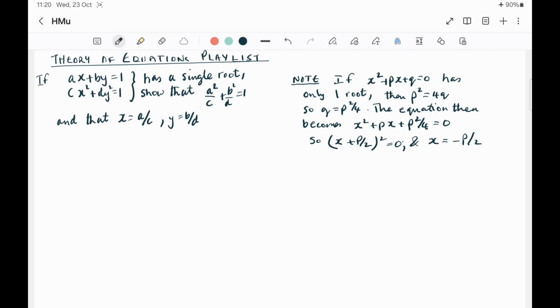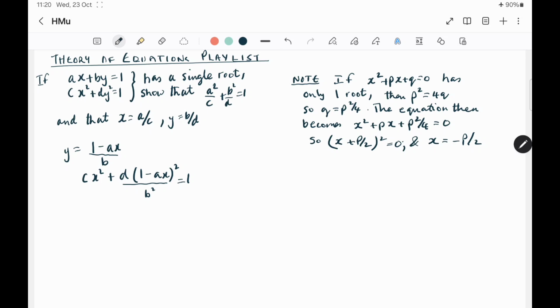And first of all, from the first equation, we'll get that y equals 1 minus ax over b, and we substitute that into the second equation, which will then give us cx squared plus d bracket 1 minus ax all squared over b squared equals 1.